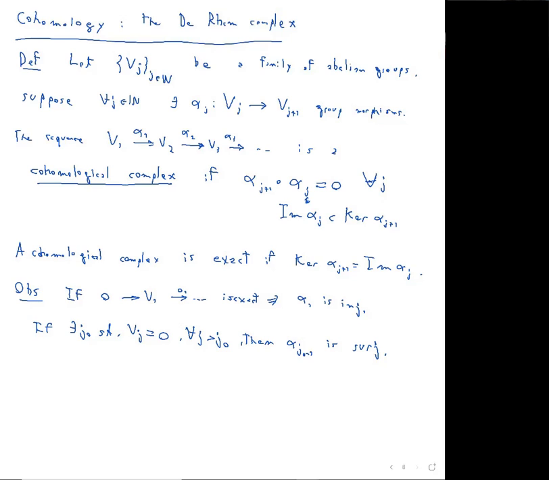I guess it's enough if one is 0, right? Yeah, I was also thinking the same, but I think here we're not asking exactness anymore. This is true even if the sequence is not exact, if it's just a cohomological complex. Maybe, let me think about that.